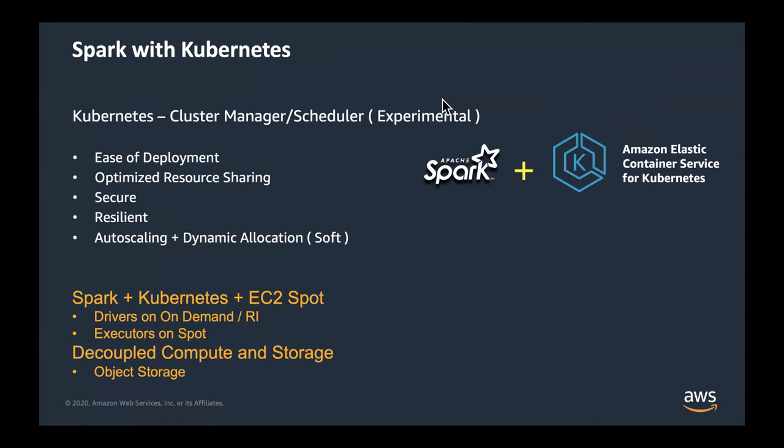Some of the advantages that you get here is ease of deployment. Containers make life a lot easier, as everybody must know, as they're portable, easy to manage dependency, and they're also reliable. When you are running a Spark job on Kubernetes, it allows for optimized resource sharing.